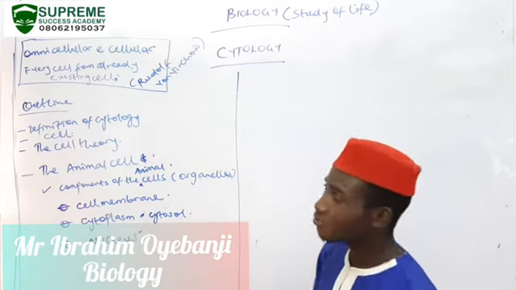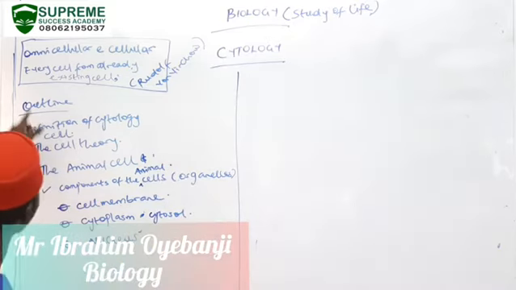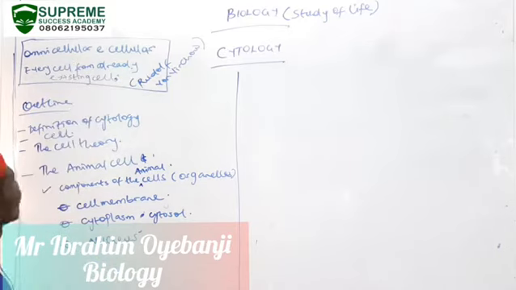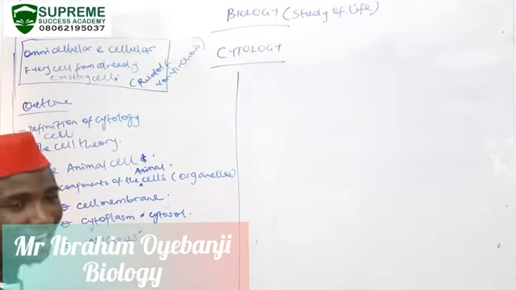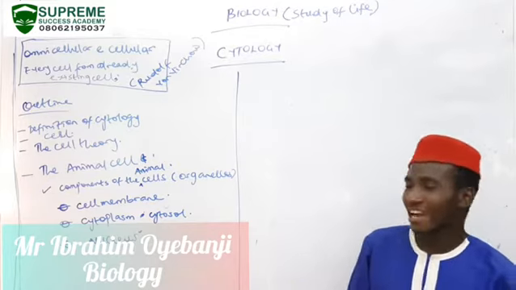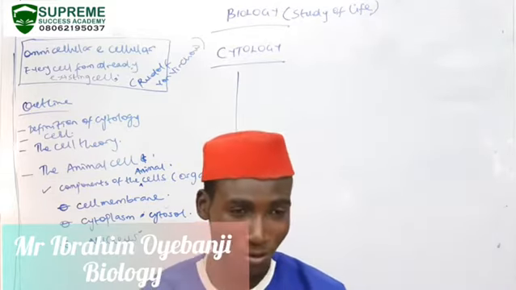These words were written in Latin, and it's termed omnis cellula e cellula, implying that every cell comes from an already existing cell. So today we shall be describing cytology, which is the study of cells.